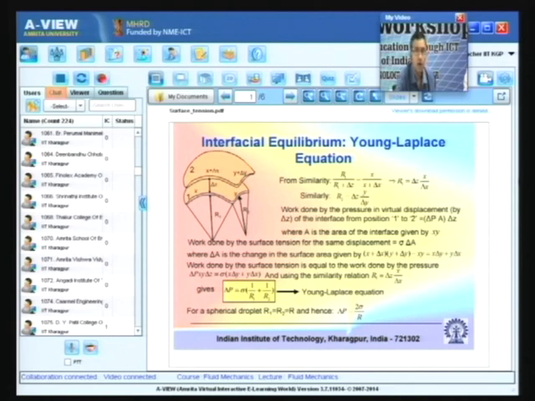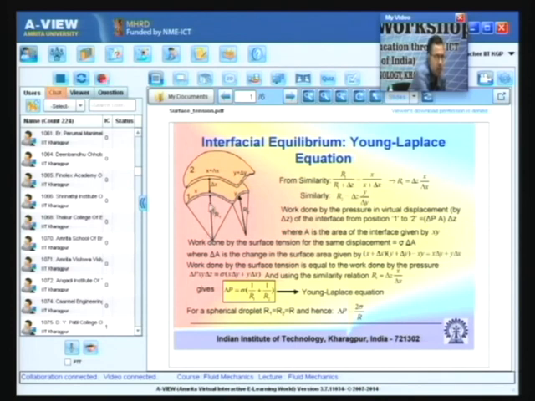Let us look into this view graph where there is a membrane. You can see this membrane has a dimension of x along one side and y along the other side. So the area of this membrane is x into y.